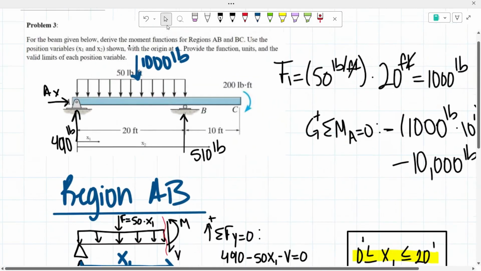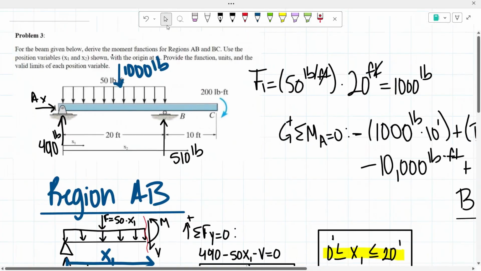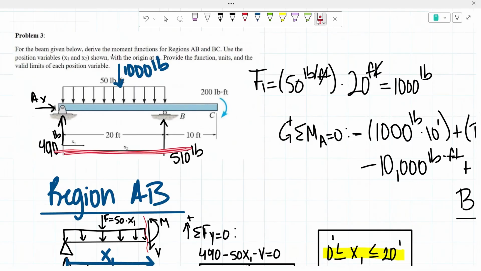So once again, this problem was asking us, for the beam given below, to derive the moment functions for regions A, B, and BC, and to use the position variables x1 and x2. But as you guys knew, we took x2 instead of it being this way, since it would just require more work. I took x2 starting from here going this way.